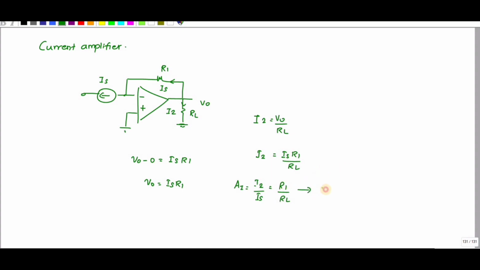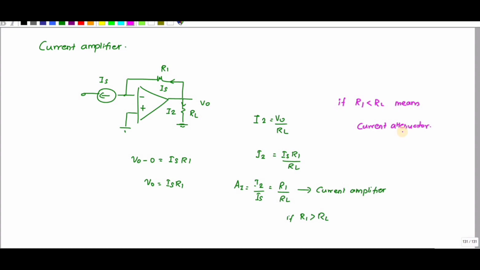The circuit is called a current amplifier because the input is a current and the output is also a current. If R1 is greater than RL, it is a current amplifier. If R1 is less than RL, it is a current attenuator.